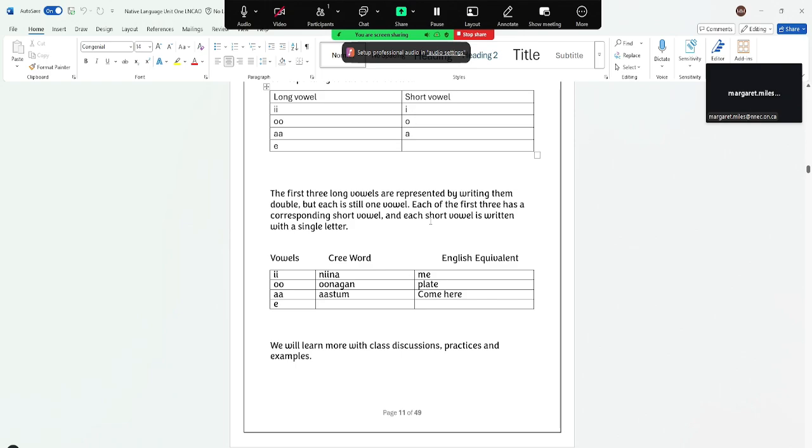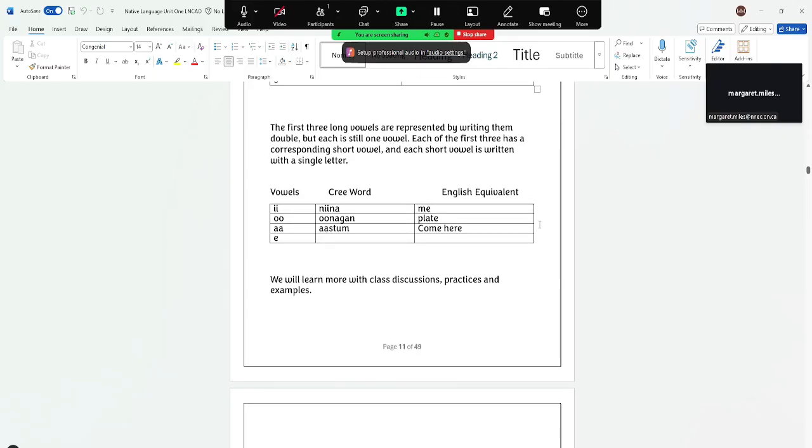Each of the first 3 has a corresponding short vowel, and each short vowel is written with a single letter, as you can see here in the example. And the Cree word written in Roman is Nina. You can hear the long vowel I. Nina. And O, long A, Astam, Astam. Come here.